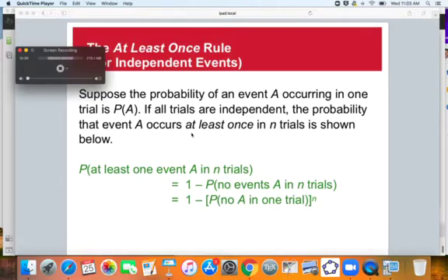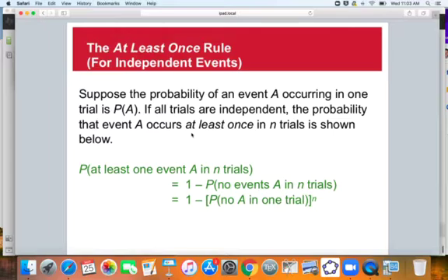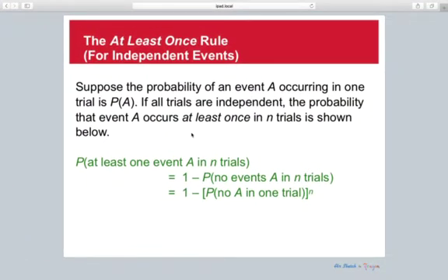All right, so let's talk about the at least once rule for independent events. So suppose the probability of event A occurring in one trial is P of A. If all trials are independent, then the probability that the event A occurs at least once in n trials is shown below.